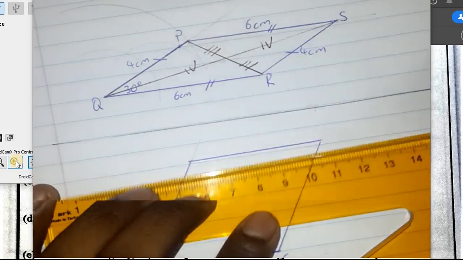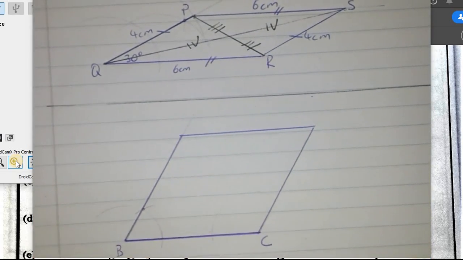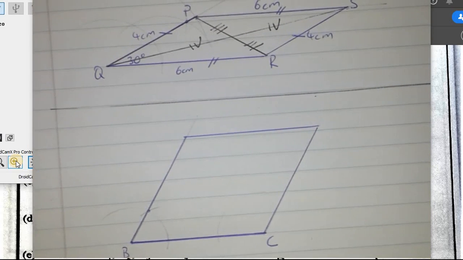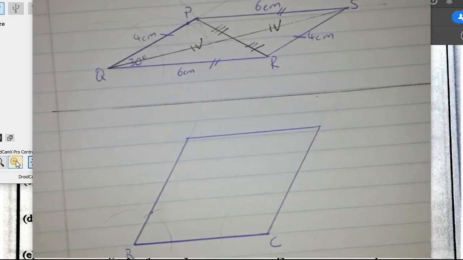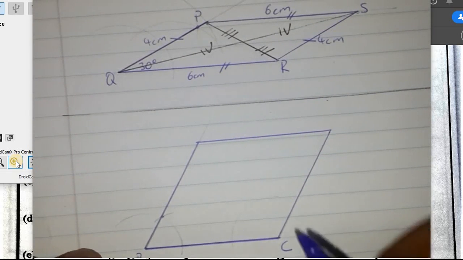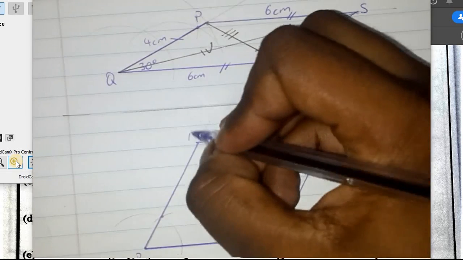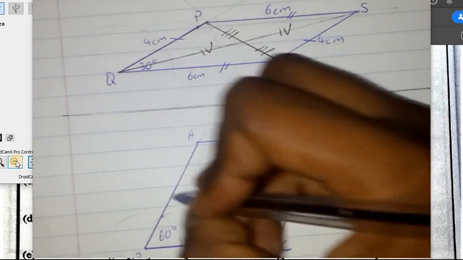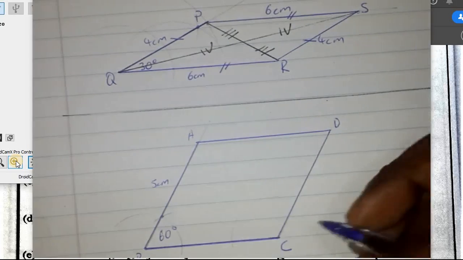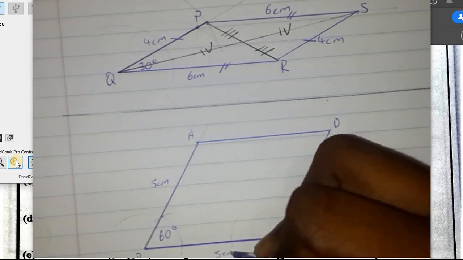Remember, if you cannot do the sliding set square technique, just draw another 60-degree line here, right? So we completed that. They call this A and D. We said this was 60 degrees. We said this was 5 centimeters. We actually measured that. This was 5 centimeters.